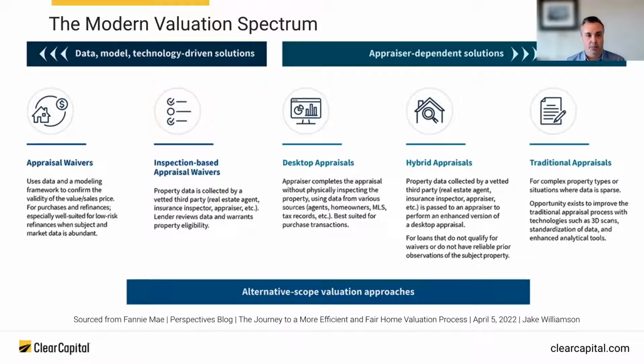That property data collection can be completed by qualified individuals such as real estate agents, insurance agents, appraisers, and so forth. That would be the hybrid appraisal. And then we have our traditional appraisals. So that's really the cascade of valuation products and the direction the industry is going. And it's really great to see that the desktop appraisal has been added as an appraiser-based solution there.